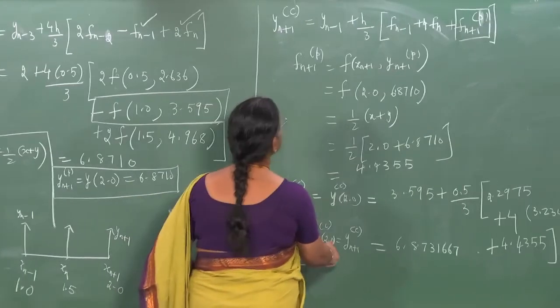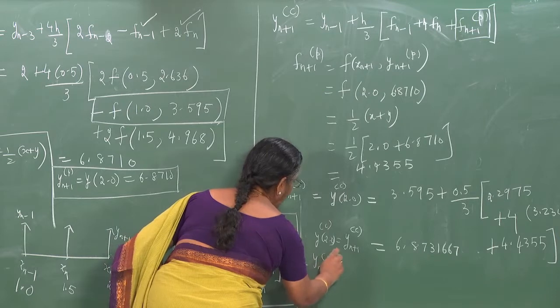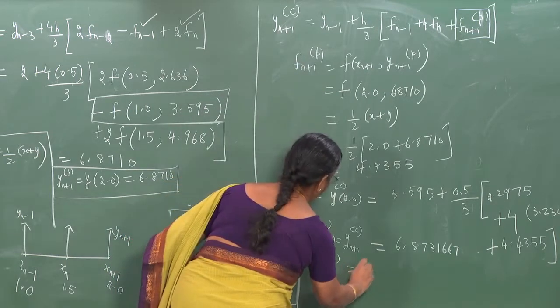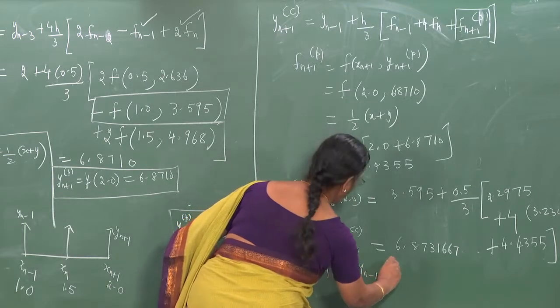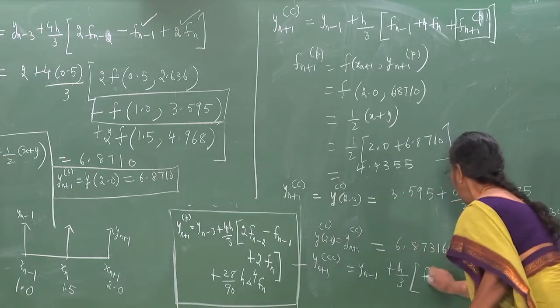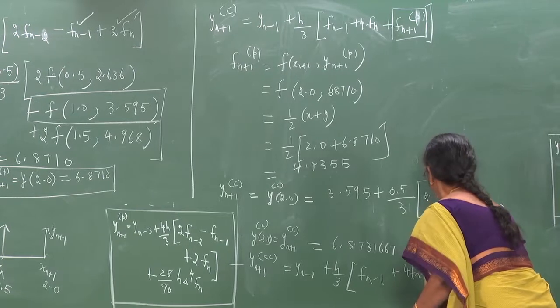Before doing that, what is the formula that we have to use? We write down the formula. So, yn plus 1 second corrected value is yn minus 1 plus h by 3 into fn minus 1 plus 4 fn plus fn plus 1.